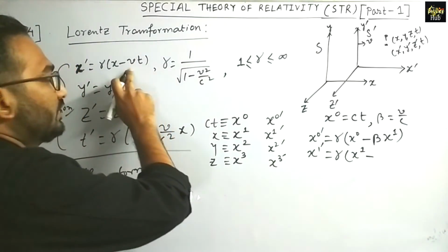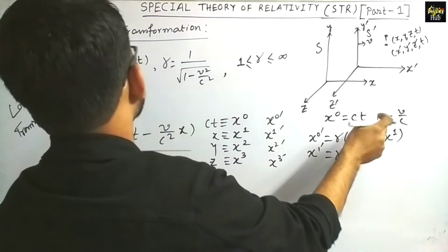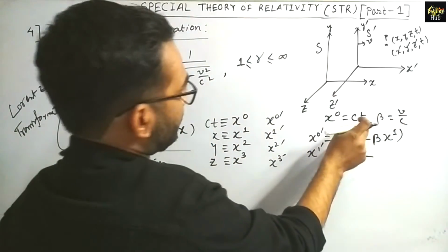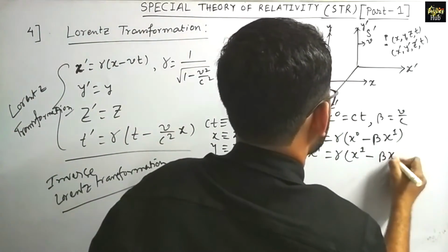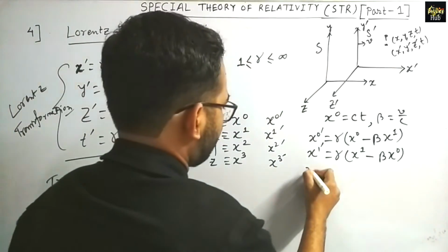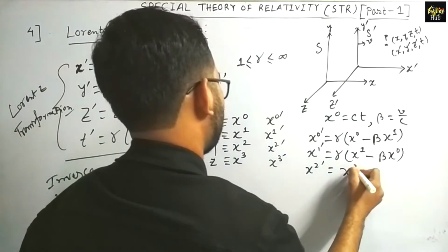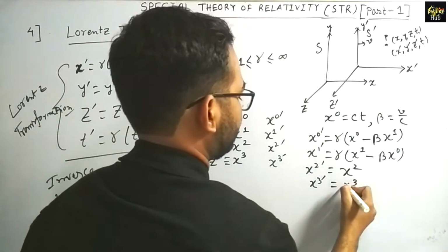We have to write v in terms of beta, so v means beta into c. Now c t equals x0, so beta x0.